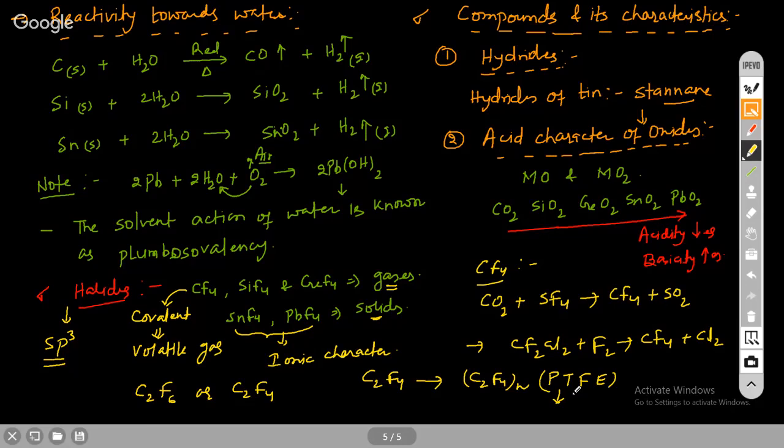Now there are a few compounds which are important to understand, a few reactions we'll discuss, and then you can follow NCERT.